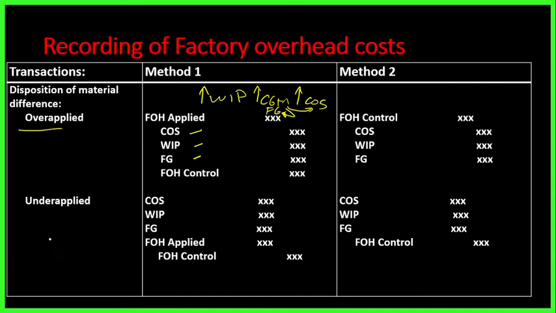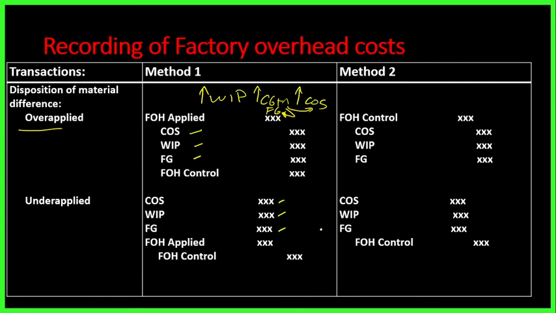And the opposite will also be true. If it's under applied, your actual is higher than your applied, which means your work in process is understated. That's why you have to increase that. Your cost of goods manufactured is also understated, and your CGM will go to your ending balance of finished goods and your cost of sales if it's already sold. So we almost have the same entry.